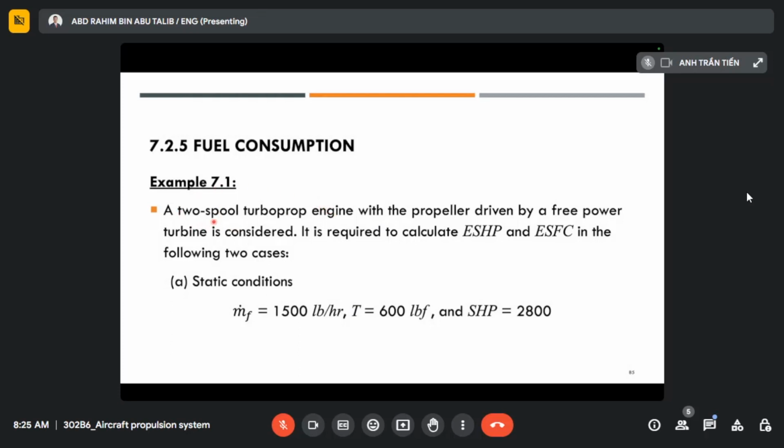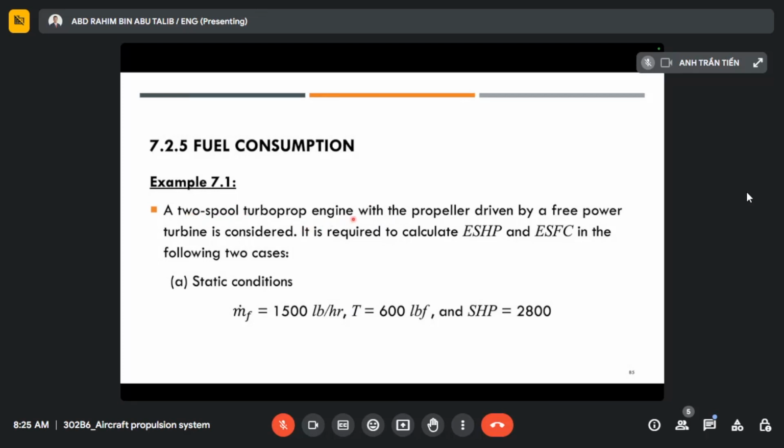Once we say two-spool, you have to keep in mind that there are either two sets of compressors or two sets of turbines, and the low pressure turbine is connected to either the low pressure compressor and the propeller, or the other type, where the high pressure turbine is connected to the high pressure compressor. And this is just one of the possibilities.